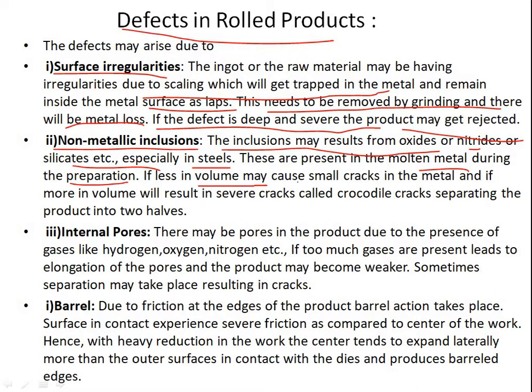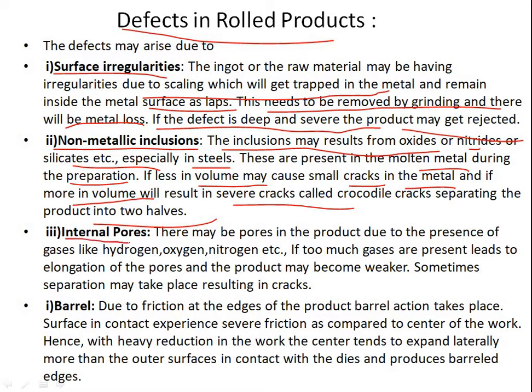If less in volume, they may cause small cracks in the metal, and if more in volume, they will result in severe cracks called crocodile cracks, separating the product into two halves. Did you all get it? Less volume may cause small cracks in the metal, and more volume will result in severe cracks, known as crocodile cracks, which separate the product into two halves.